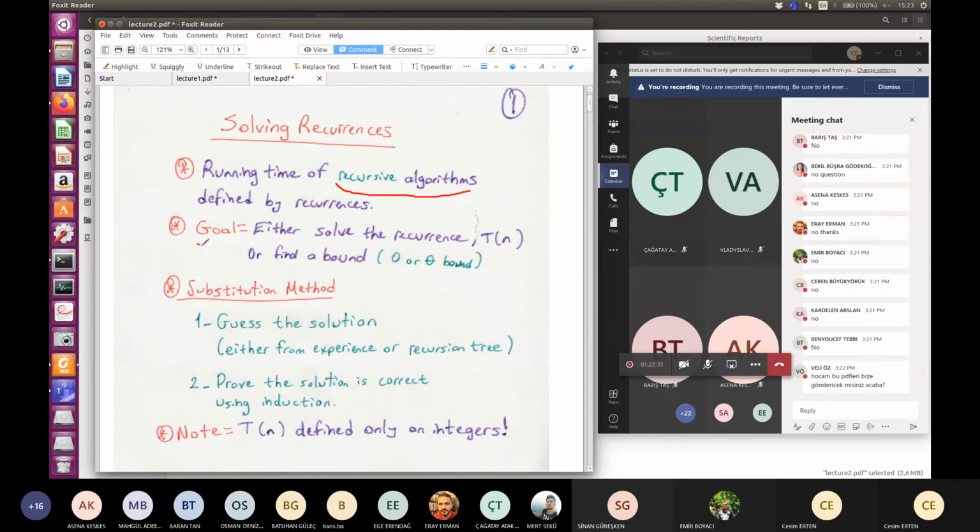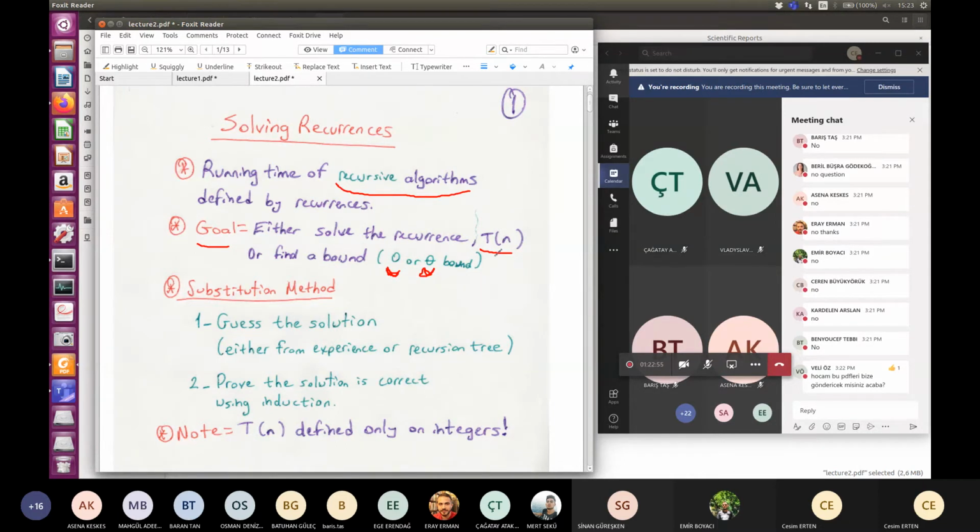And then the next thing to do would be to solve that recurrence, basically to come up with an open form formula for T(n). Or equivalently, we can try to first of all find a theta bound for T(n). If not possible, maybe we can find out a big O bound for the given T(n).